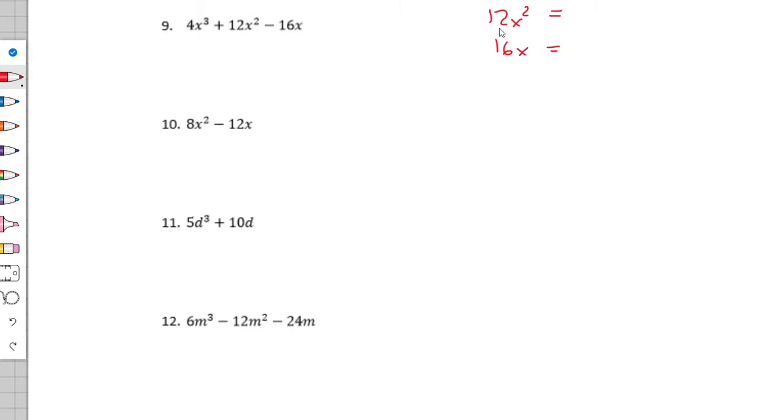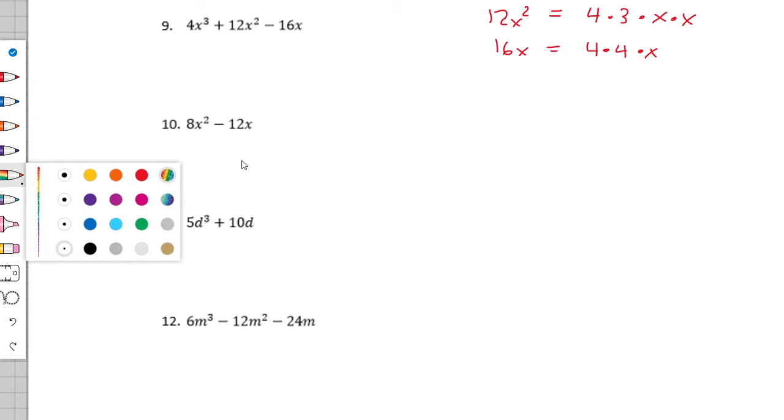So we can already see each one of these has a factor of 4 in it, so I'm just going to write 4 this time. 4, 4. That's 4 times 1. This is going to be 4 times 3, 4 times 4. Now we're going to go with the x's. That's going to be x times x times x. X squared is going to be times x, and times x for the last term because there's only one x.